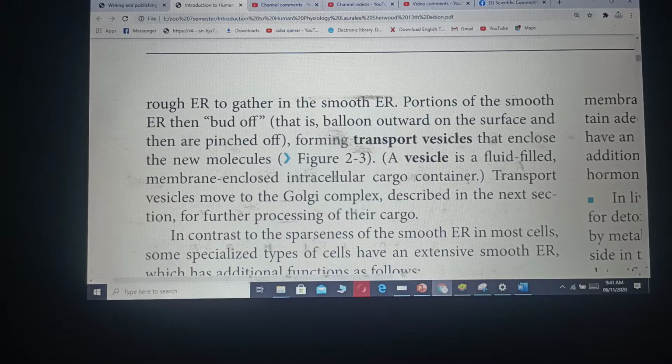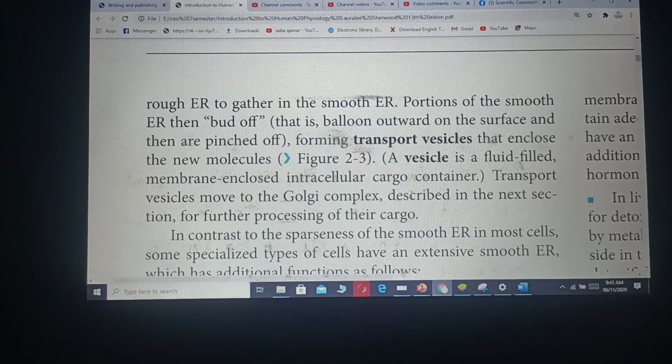I will tell you in detail how this cargo is carried by the Golgi complex and what the modifications inside the Golgi complex are that are necessary for the normal functioning of the different kinds of proteins synthesized inside the rough endoplasmic reticulum.